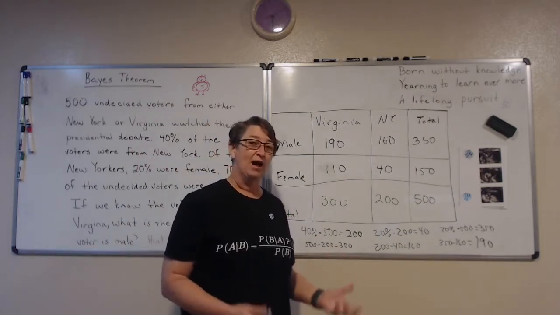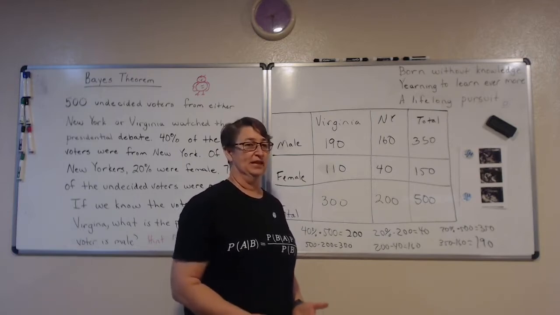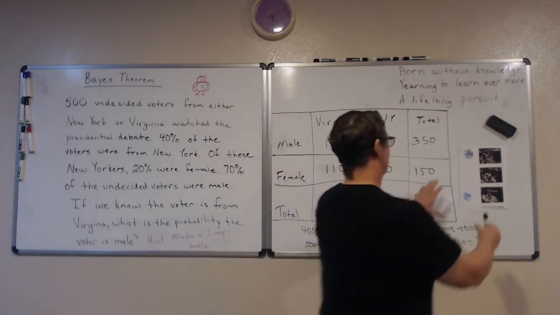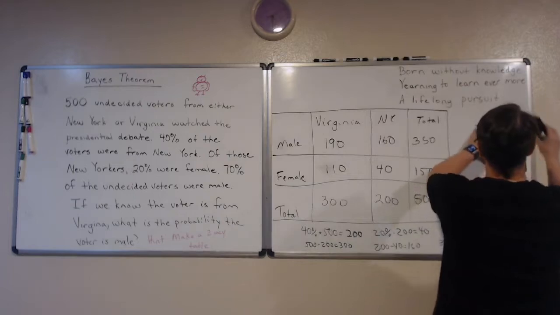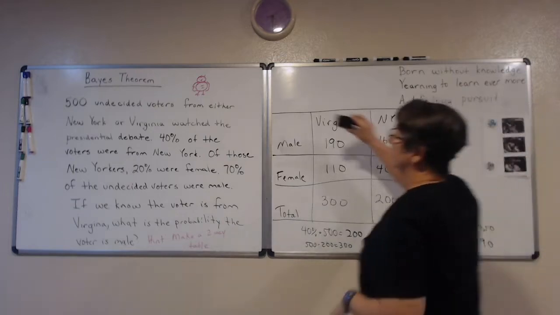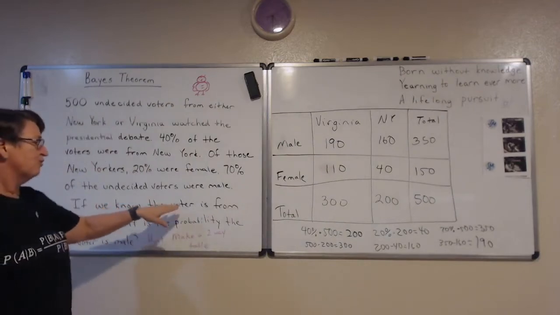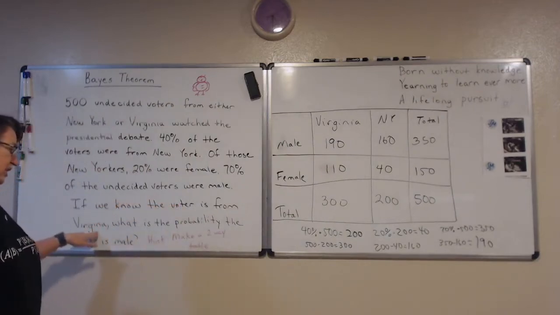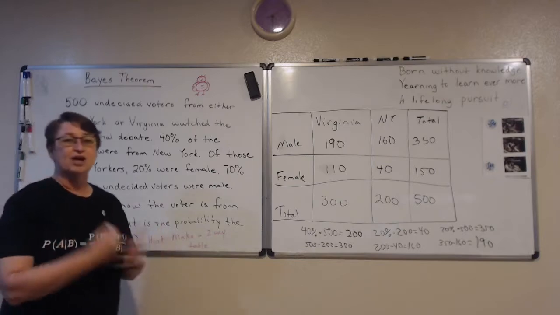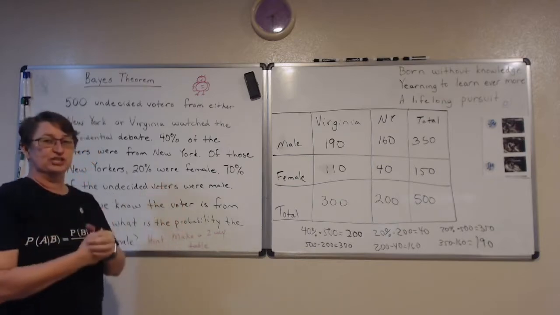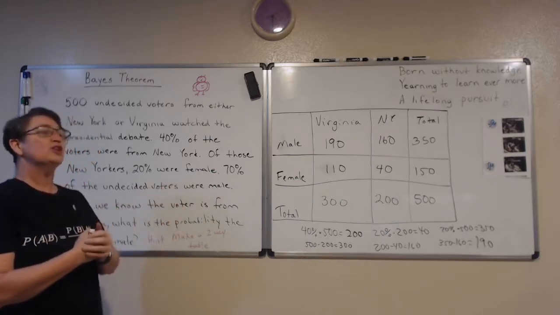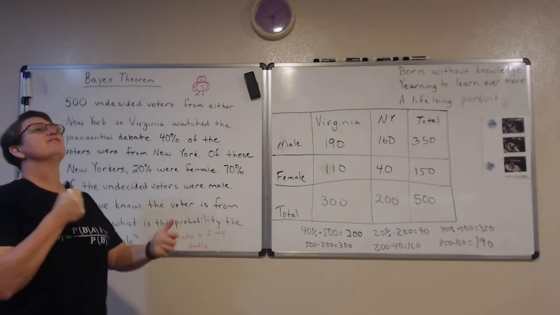Now from that, we're going to find the probability. So here we have the probability we're looking for. It asks me if we know the voter is from Virginia. So I know that the person's from Virginia, so I'm only looking at the people that are from Virginia.